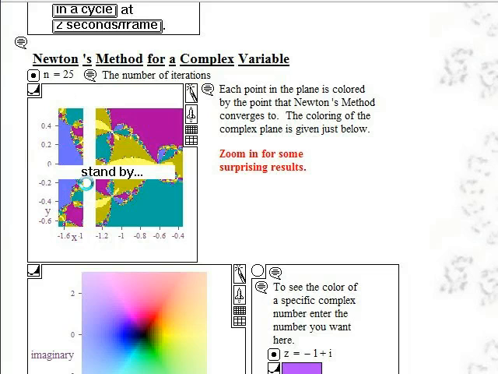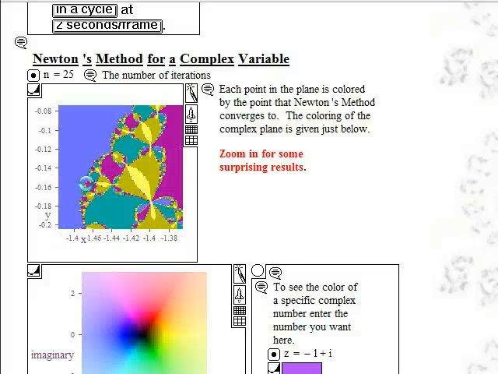That as you iterate through Newton's method from some particular x0, you see what the various outputs are. And each output gets closer and closer to one of the 5 x-intercepts. I then color the point in the plane that I started with by the color of the output after 25 iterations. And you can start to see some interesting designs here.